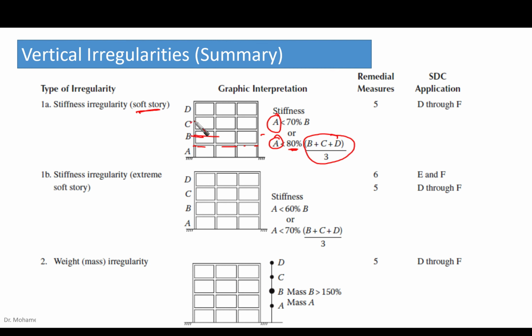We have B, C, and D. So this is the definition of the soft story.